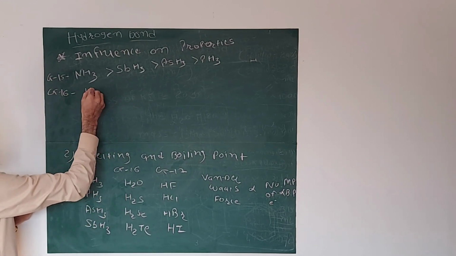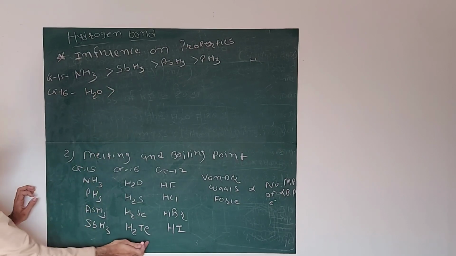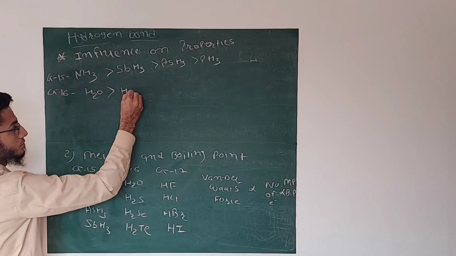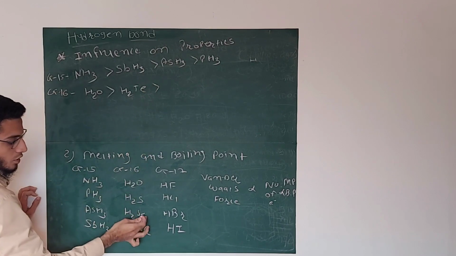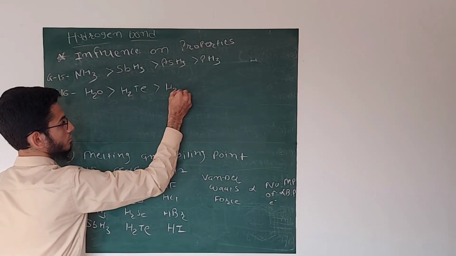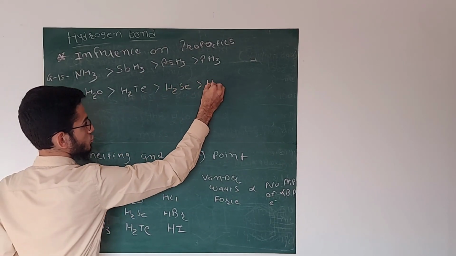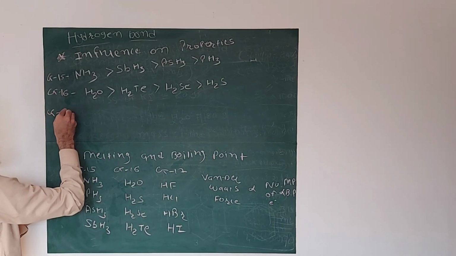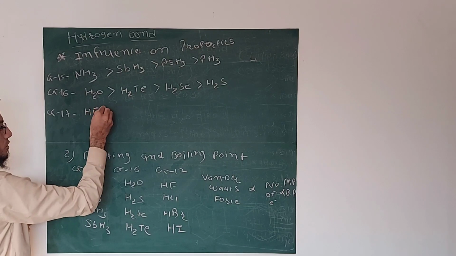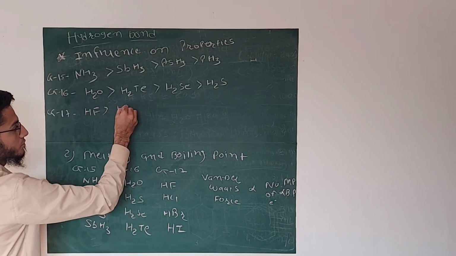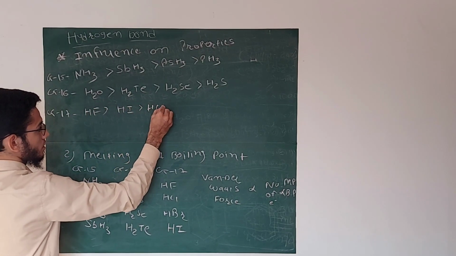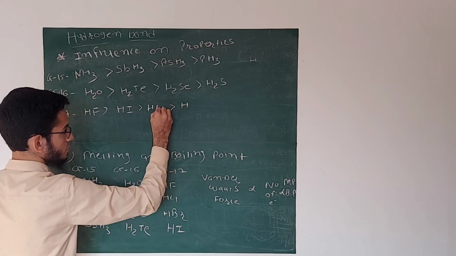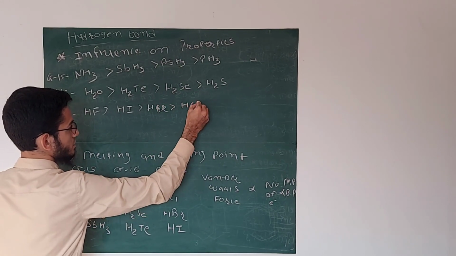First is H2O, then H2Te, then H2Se, then H2S. Similarly in this case, group 17: HF, HI, HBr, and then HCl.